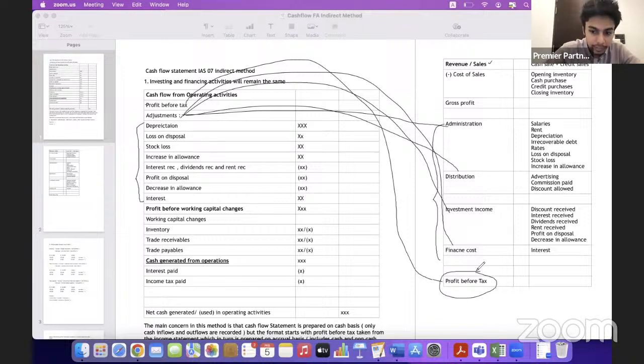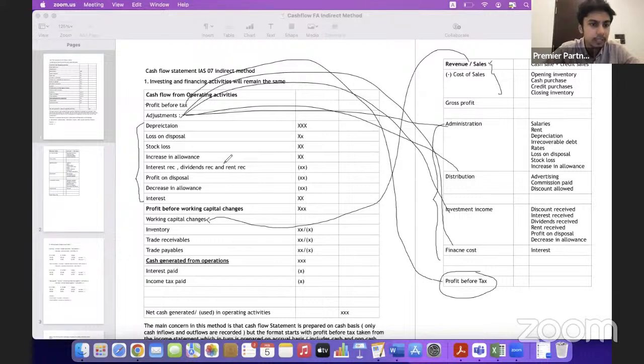So guys, remember, when arriving at profit before tax, any problems with these 4 topics will be solved by doing adjustments. On the other hand, sales and cost of sales is there now, guys. Sales and cost of sale is something that's adjusted inside the working capital changes. So inside sales, if there are non-cash sales, that means if there is a credit sale, you don't have to worry about it.